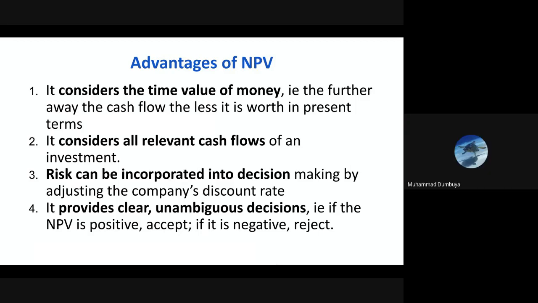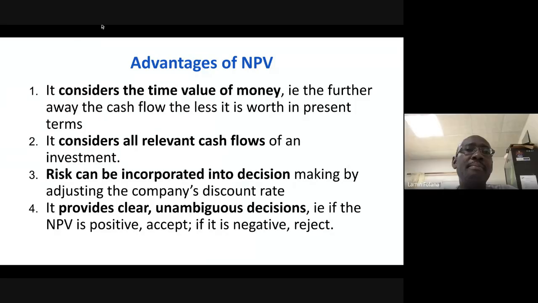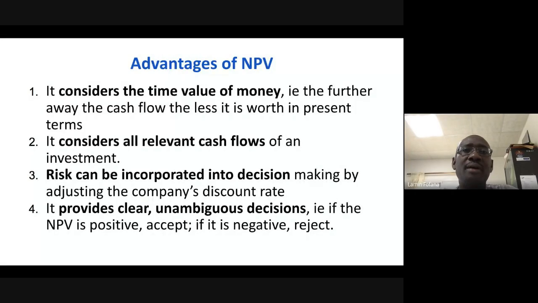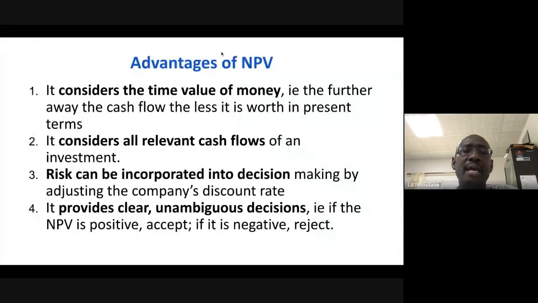Okay, so before the break, we were talking about NPV analysis. We all agree that NPV is the difference between the discounted cash inflows of a project and the discounted cash outflows of the project.